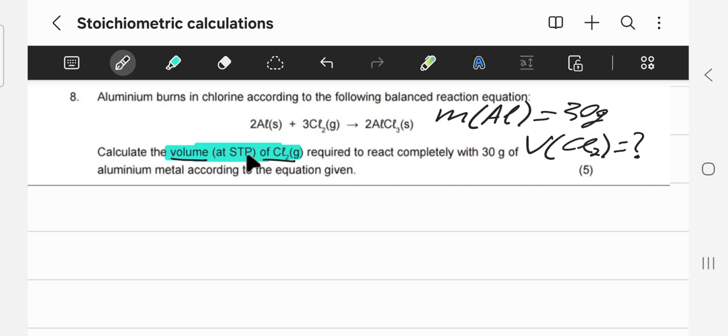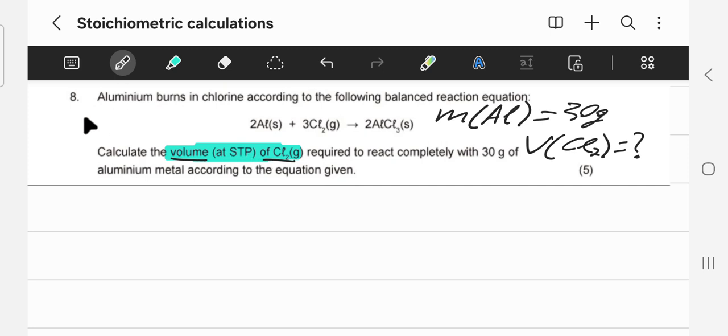Which formula has STP? Or rather, what's the meaning of STP? The meaning of STP is standard temperature and pressure. And under these conditions, according to Avogadro's law, we know that gases are going to occupy the same volume.